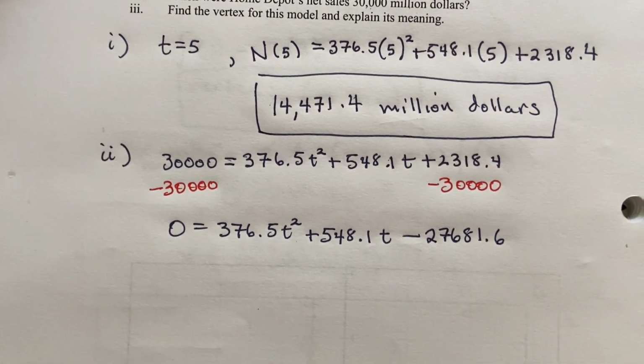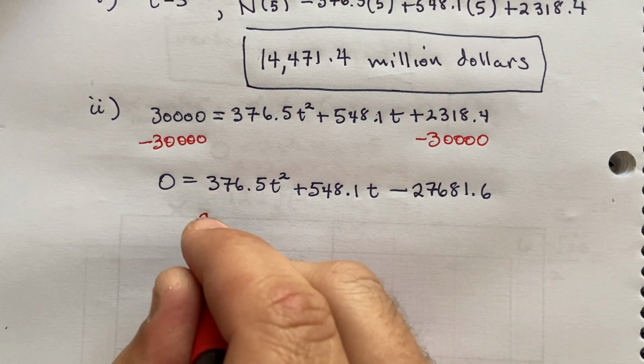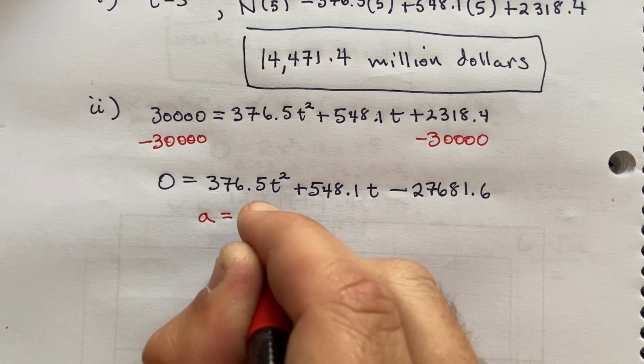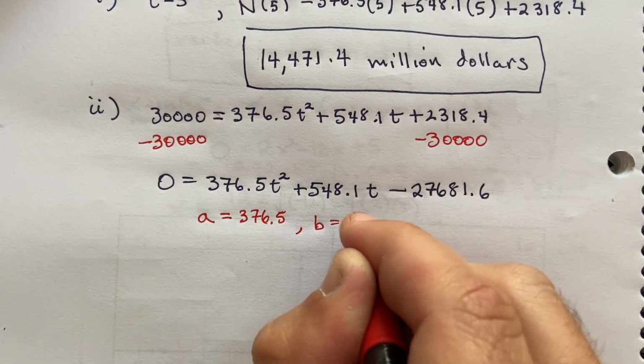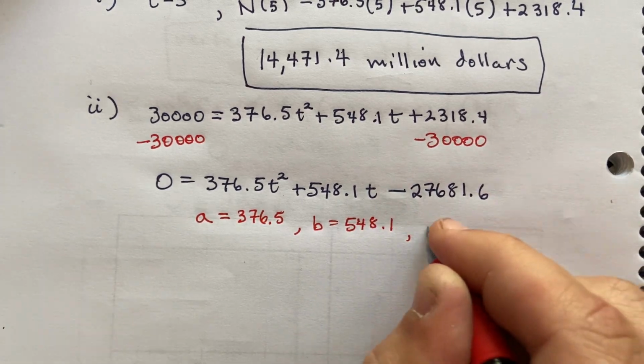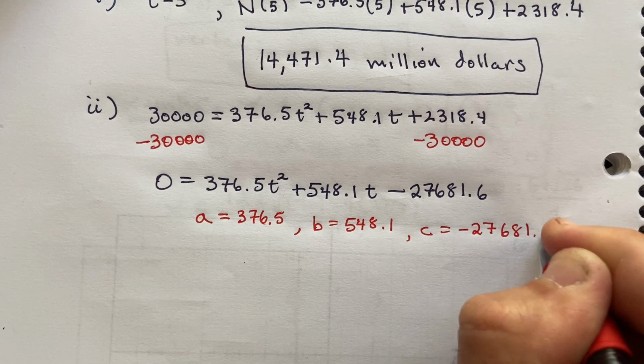Okay, so to solve this, I'm using the quadratic formula, and I have A is 376.5, B is 548.1, and C is this negative 27,681.6.